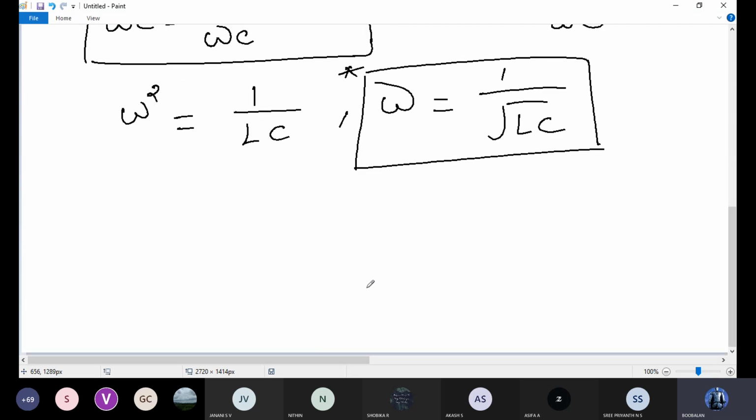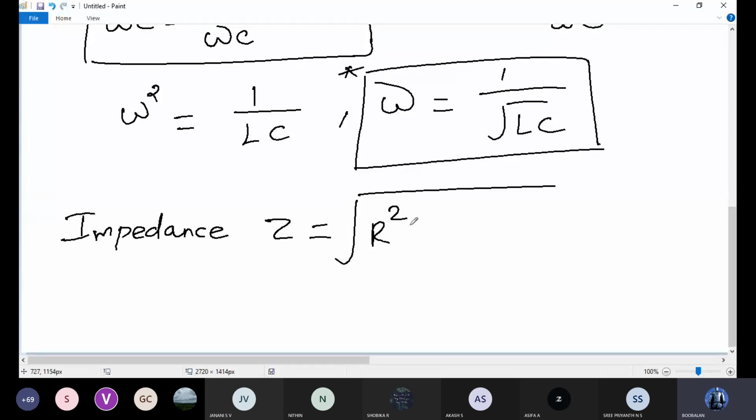So next one, the impedance formula. Impedance Z equals root of R square plus, in brackets, omega L minus 1 by omega C, whole power 2.